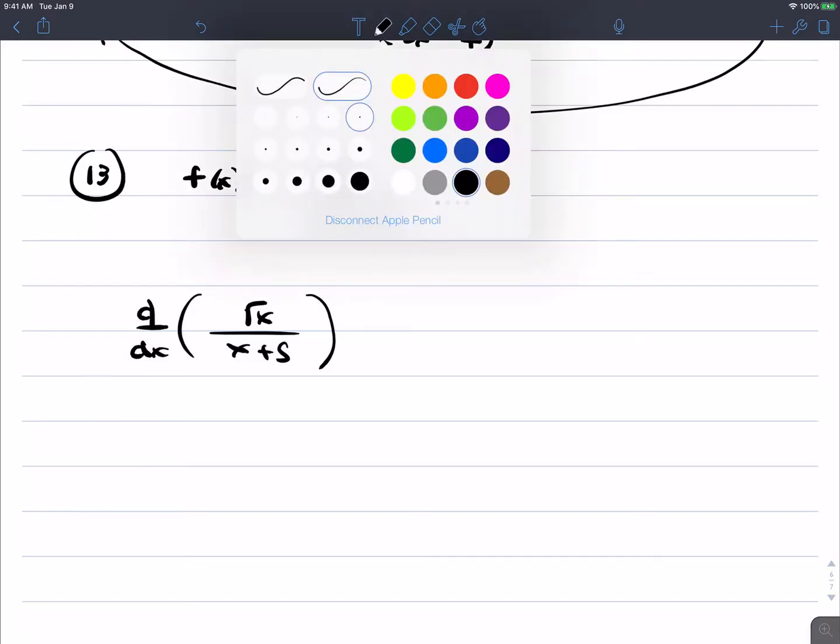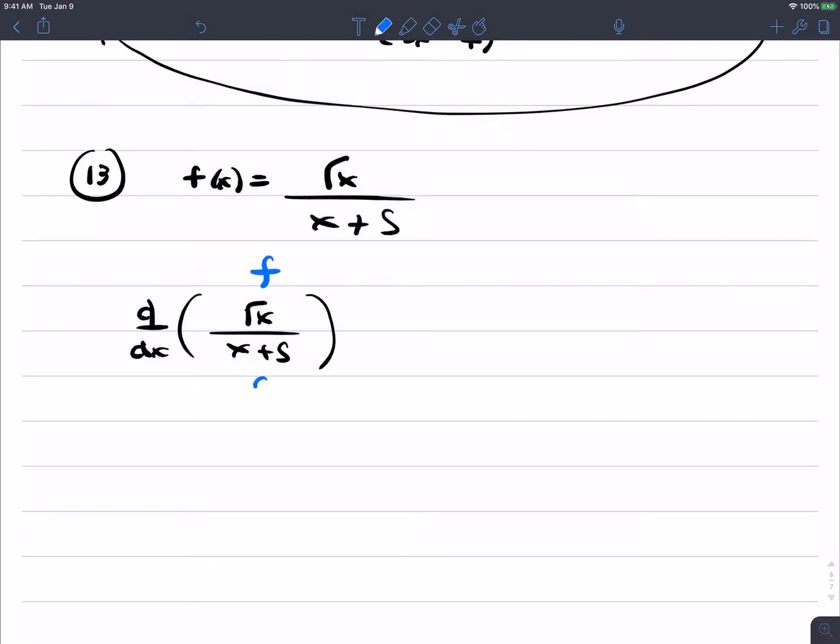Using operator notation, I have f, I have g. You might say, is this the same f? No, so call it h. g squared, g times f prime minus f times g prime.